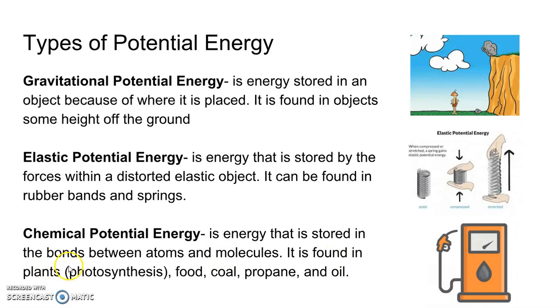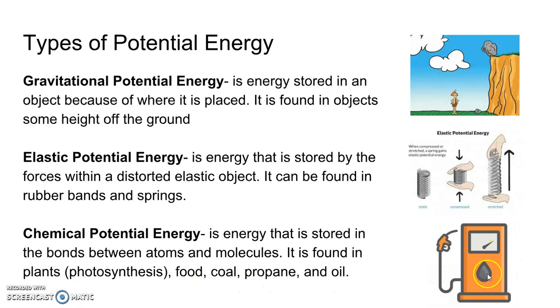If we take a look at plants in photosynthesis when they make food, that's all chemical energy. When we eat food and it goes down into our bodies and it's broken down, that's chemical potential energy that can be used for us when it's transferred into our bodies, and we can use it for other means. But that's chemical energy, as well as coal, propane, and oil.